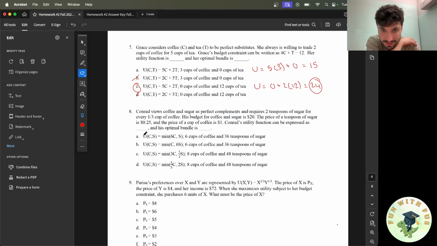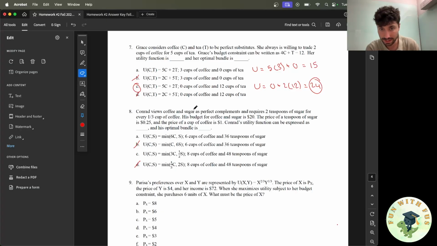And that makes sense. The utility function is literally telling me the utils based on when I plug in a certain bundle. So I know that if the coefficient is supposed to be bigger, then at a 6 to 1 ratio, it's definitely not B, definitely not D. However, I do not know about this one. It could be this one because it's the same ratio. They just divided it by 2.